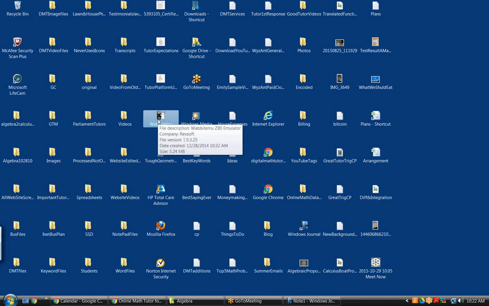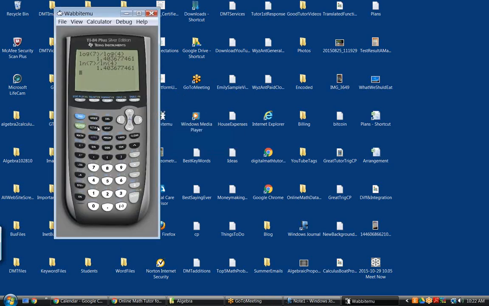Let me pull it up, and this will help us with this problem. Here's how I would want to put it in: 3 minus 1 end paren, divided by 2, like that. And that gives you the answer.